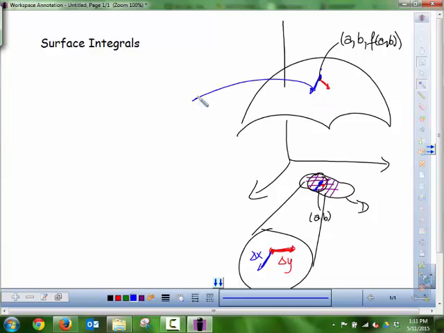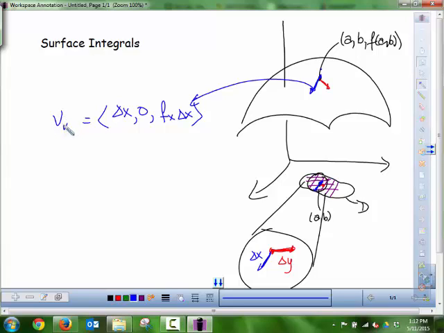I'm going to take this blue vector and analyze it. It looks like I'm going delta x in the x direction, and I'm not moving along the y direction, so that's going to be 0 in the y direction. And then I am moving along the direction of my slope, so f_x delta x would be my z direction, that's my up and down motion.